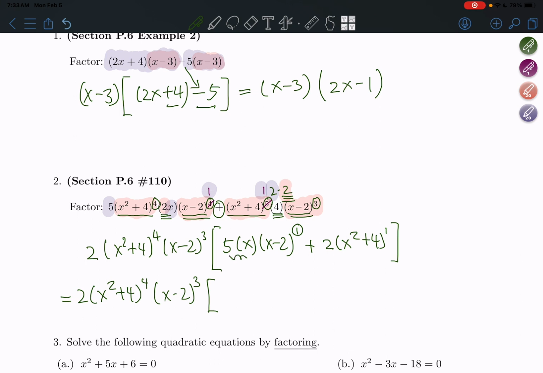So essentially think about 5x: 5 times x is 5x, distributing to the x and minus 2. So I got 5x squared minus 10x after that distribution. Same thing with this 2, distribute, and I will have 2x squared plus 8. Bracket.